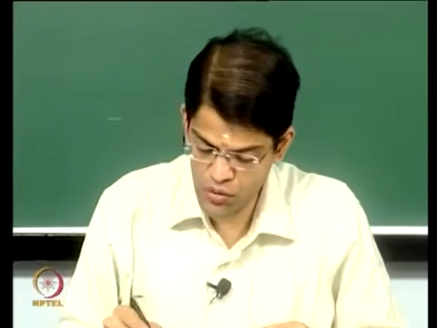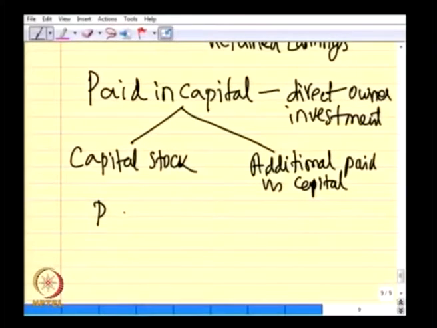The share that is sold to an investor for rupees 5 has a capital stock component which is represented by its par value of rupees 1, and an additional paid in component which is the differential of rupees 4. And since we have 1 million shares outstanding, how was this expressed? So, your paid in capital gets modified.